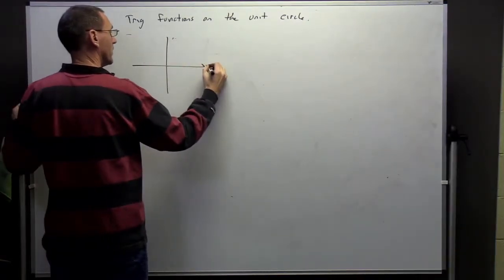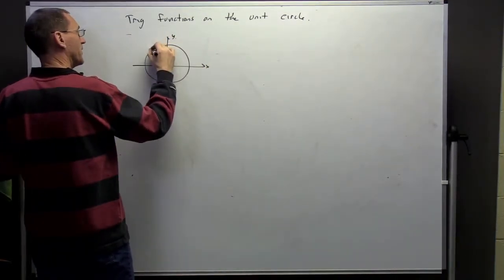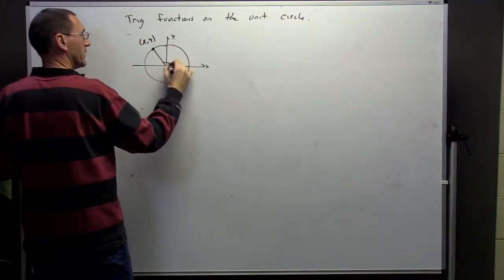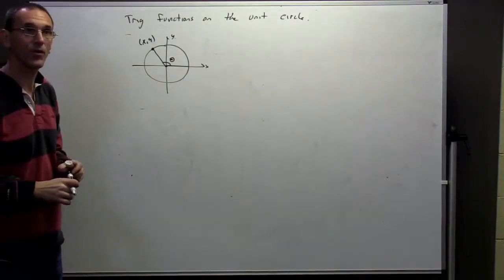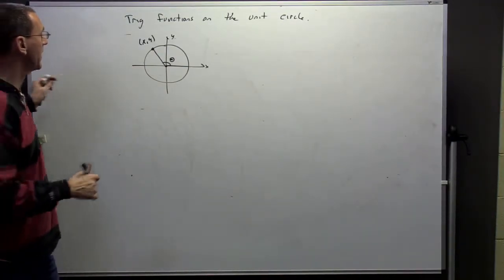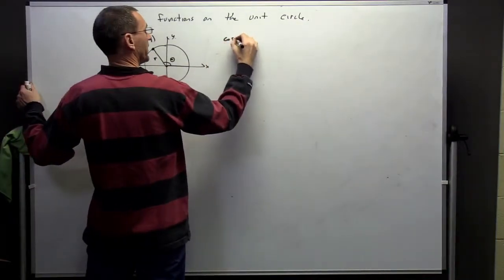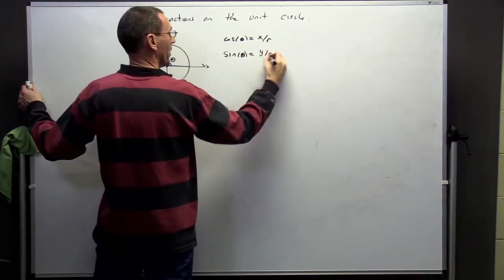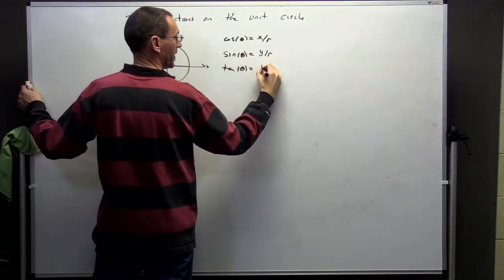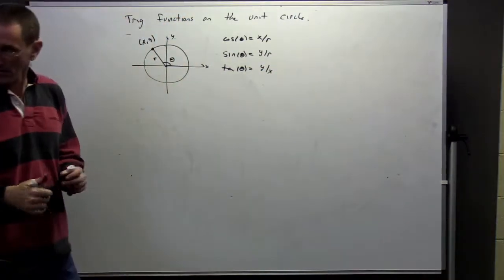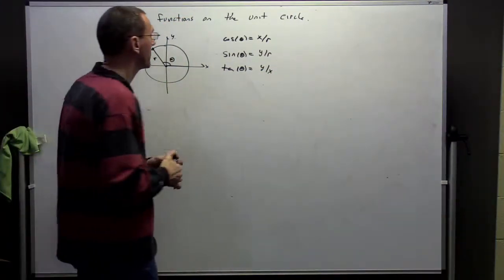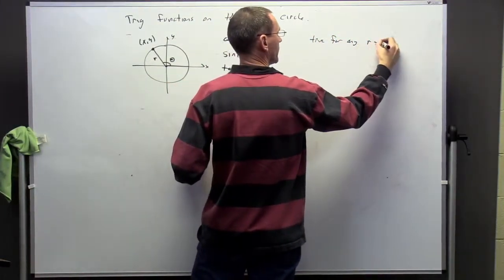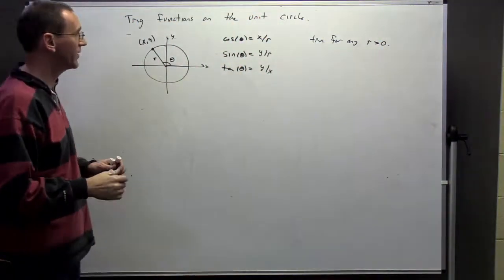So if I have a point here, (x, y), and it's over in the second, third, or fourth quadrant, I can still make this same definition where cosine of theta is x over r, sine of theta equals y over r, and tangent of theta is y over x. Moreover, as long as r is a positive number, this is going to work no matter what.